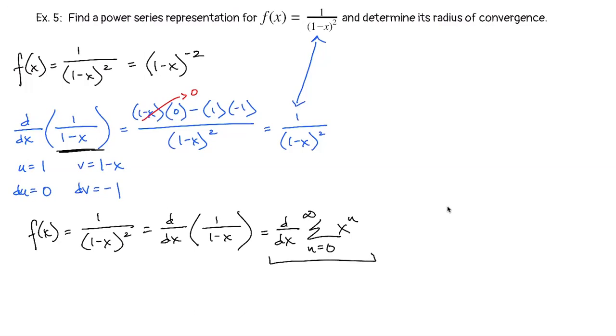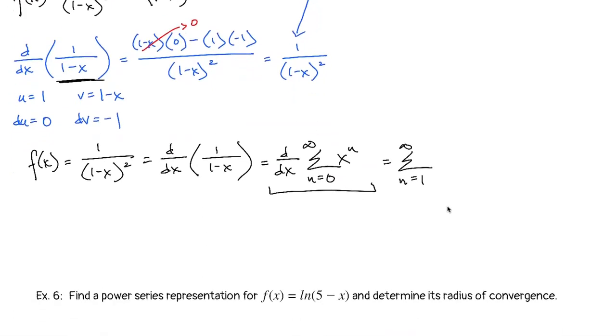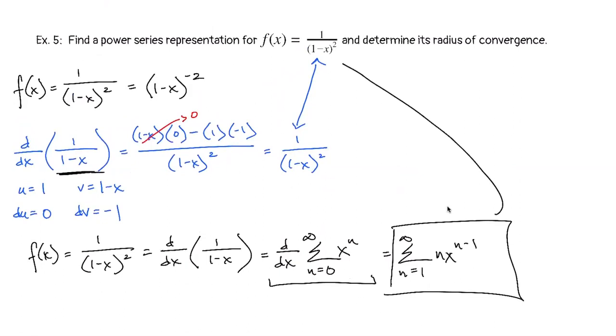So if I want to find the derivative of that, I shift my index to 1, right? Because when I take the derivative of that very first constant, the c sub 0, it's going to go away. Then to infinity because it's an infinite series, I'm going to bring the power down, x to the n minus 1 power. Okay. This is my power series representation for 1 over (1 minus x) squared.